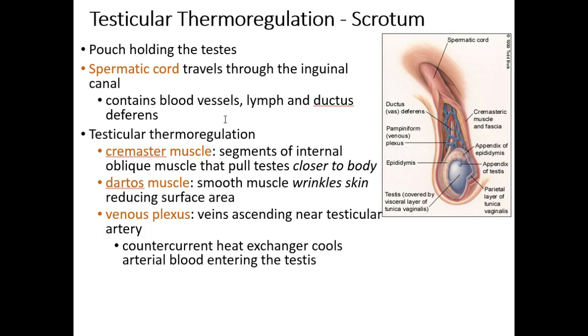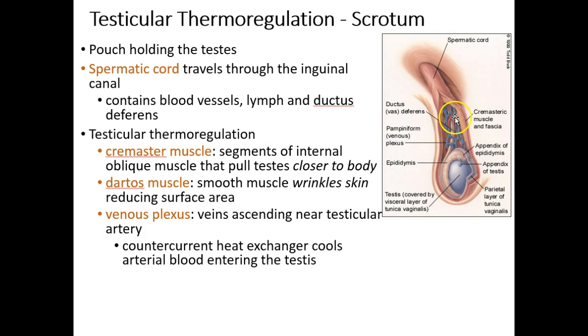We have a few different things in the testes that help with temperature. It turns out that we have this cremaster muscle, a kind of webbing that goes around the testes. You see a little piece of it here.